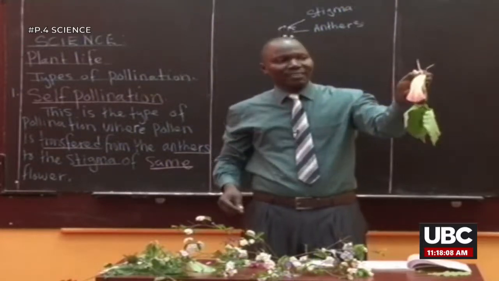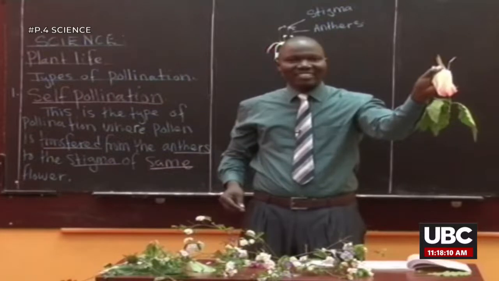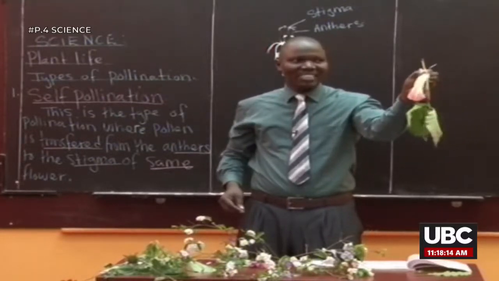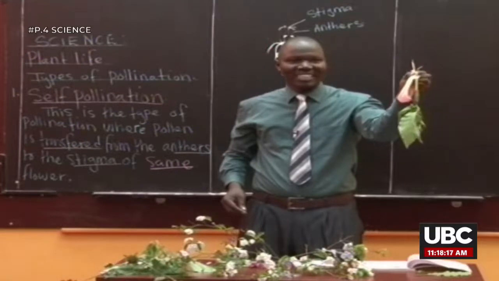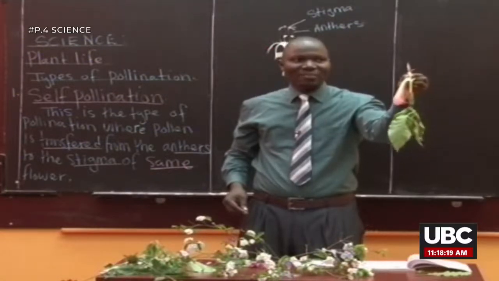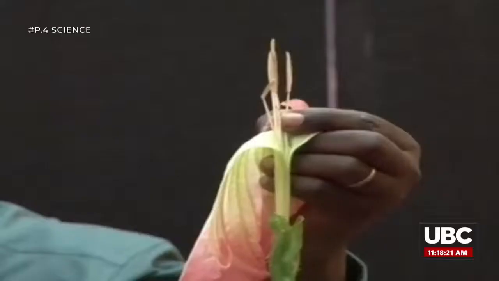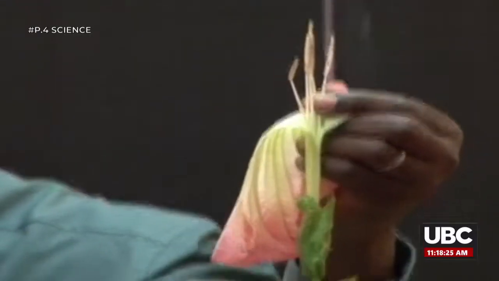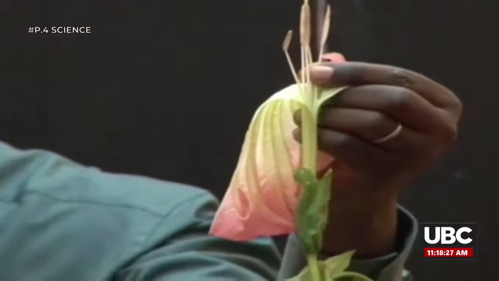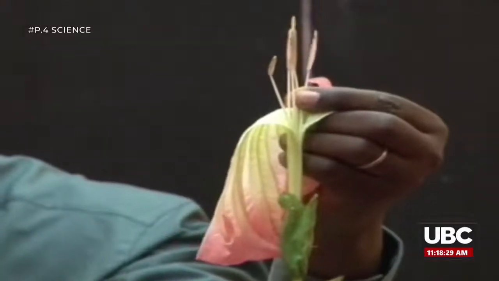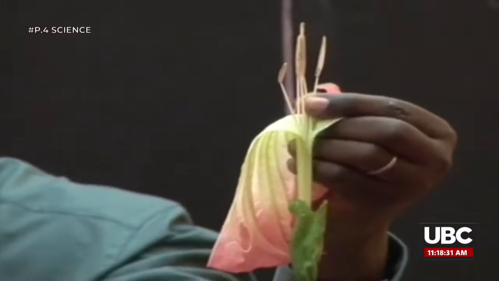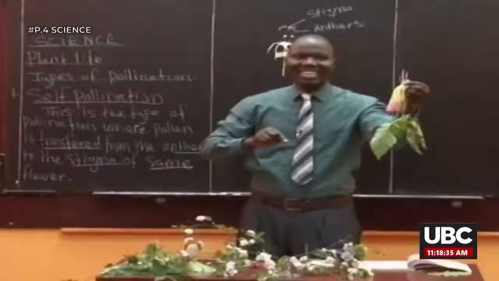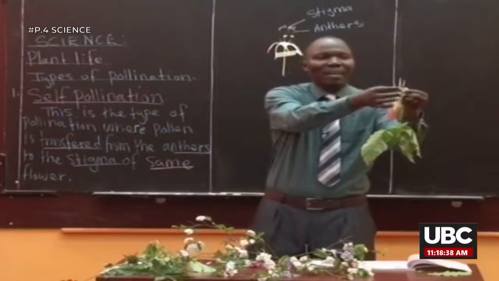If you could see carefully, we're talking about agents. You can see some insects moving. These carry pollen. But let's go back to what we were learning. There are some insects moving, clearly showing that as they are doing that, they carry along with them pollen.